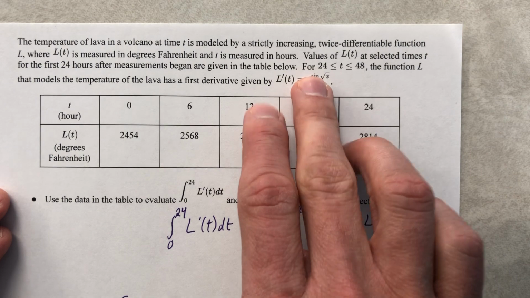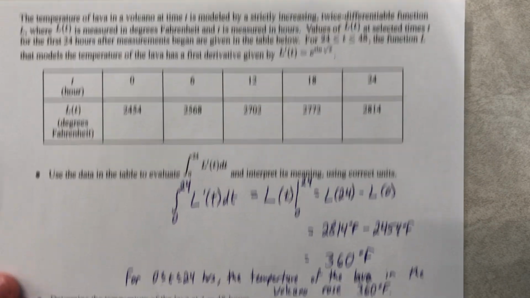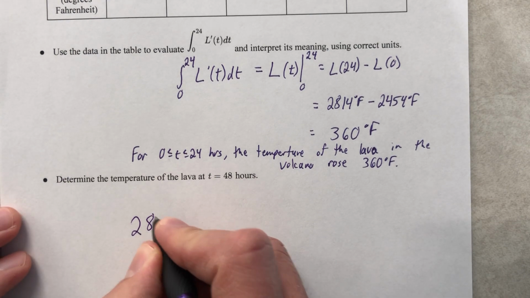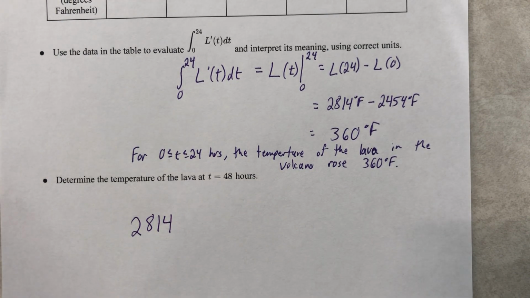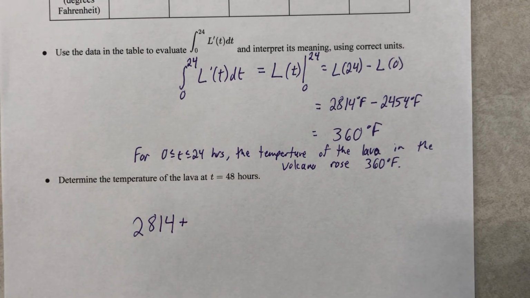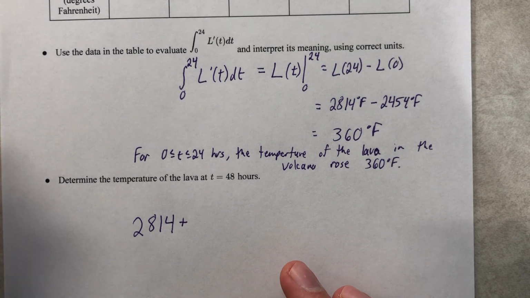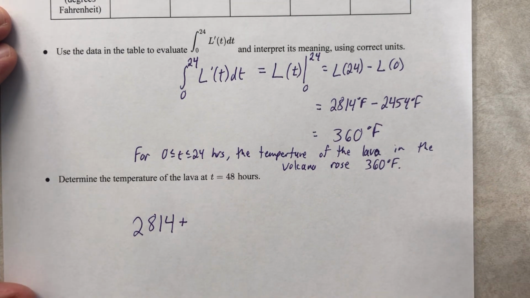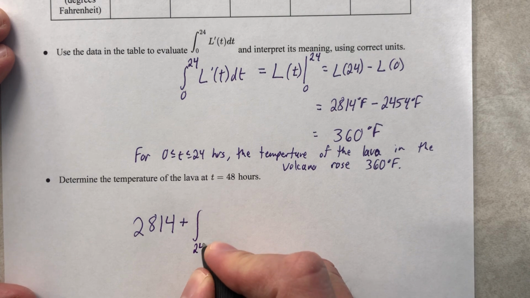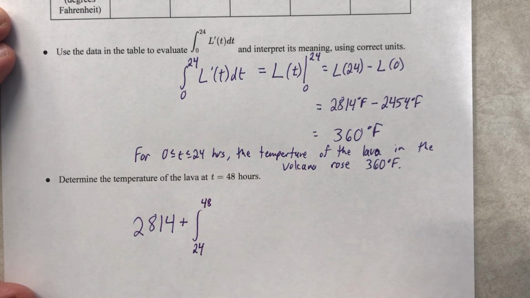Maybe they gave us some clues. So here's what's going to happen. We are going to start with a temperature of 2,814 degrees Fahrenheit, and then add some more temperature. How much more? I want to find out how much more temperature was added from 24 to 48 hours.